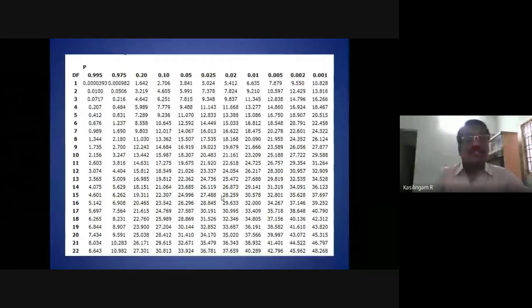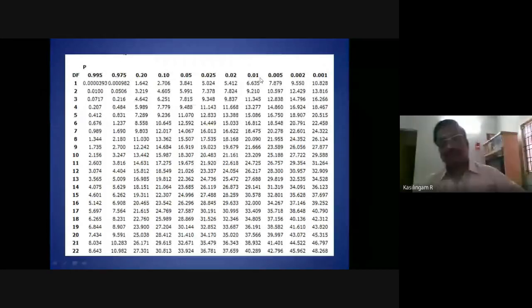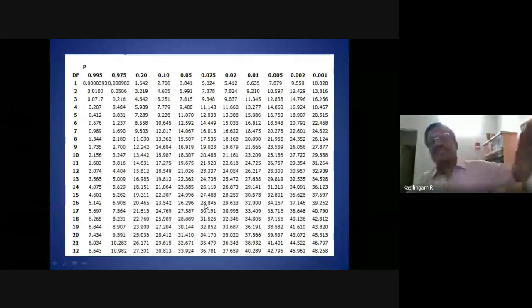Now look at our degrees of freedom 16, and simultaneously look at the significance values: 0.975, 0.2, 0.1, 0.05, 0.025, 0.02, 0.01. It is decreasing. Now look at the calculated values: 5, 6, 20, 23, 26, 28. It is increasing. So when my calculated value increases, my significance value will decrease.